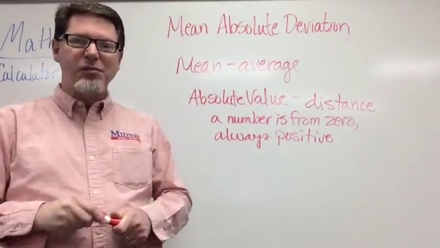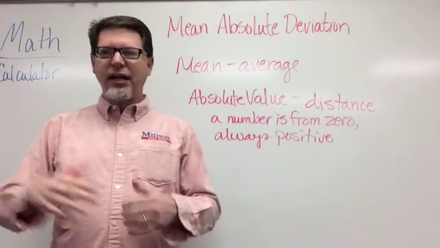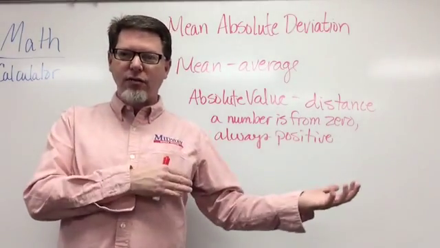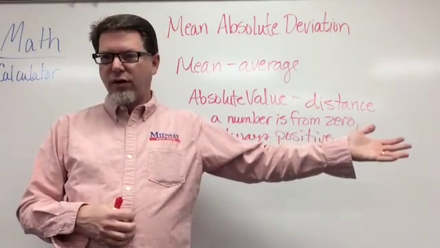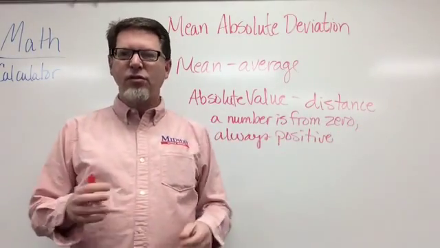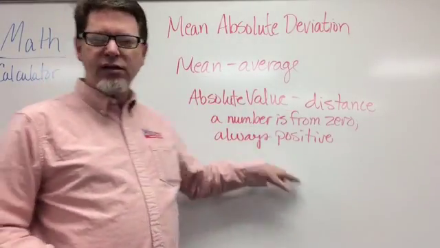And the reason it's always positive is because the distance is always positive. I can't have a negative distance. I can walk backwards, but that doesn't make it a negative distance. That means I'm just still so far away from where I started. So the absolute value is the distance a number is from zero, and it's always positive.